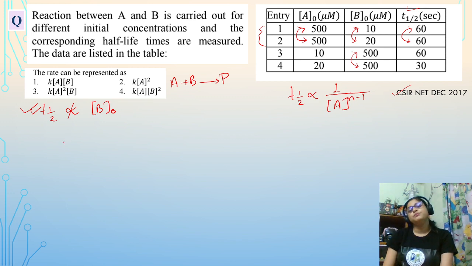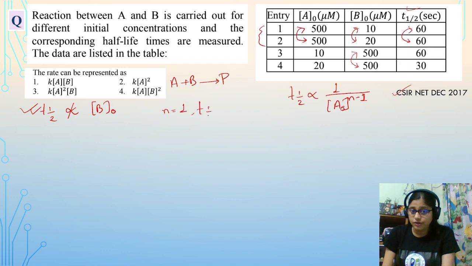What can it tell you? We know that T half is proportional to A0 to the power n minus 1. So for the first order reaction, when n equals 1, the T half value will not depend upon the concentration of A0, right?